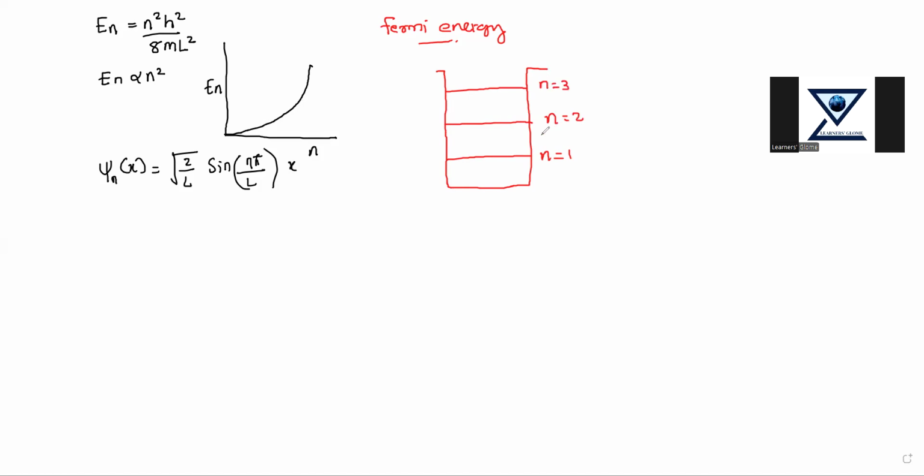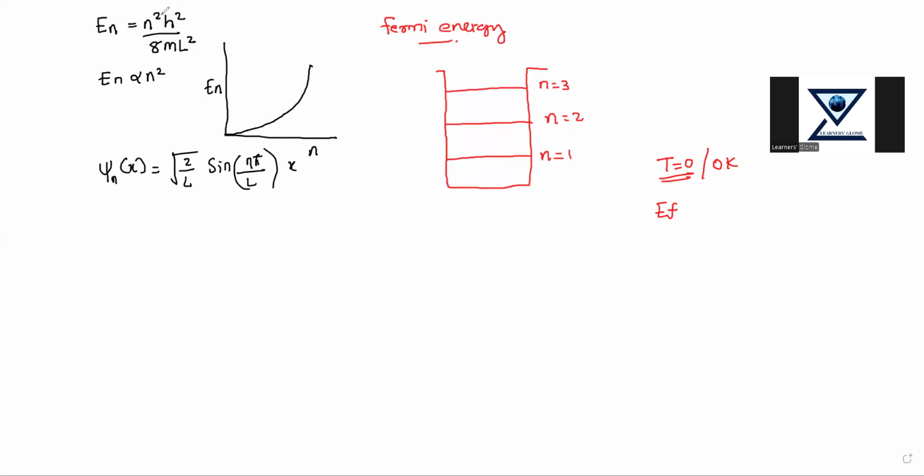Let's consider if the electron is filled only up to the first level, then that is called the Fermi level. The topmost filled energy level at absolute zero temperature, at 0 Kelvin. That means without the presence of any external energy or temperature, the topmost filled energy level within a molecule or atom is considered as the Fermi level, and the corresponding energy is the Fermi energy EF.